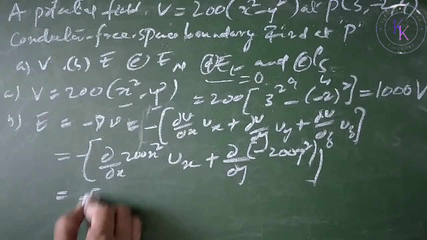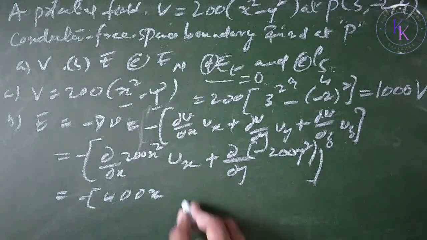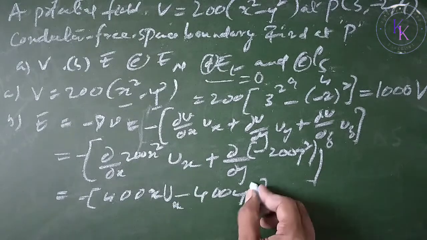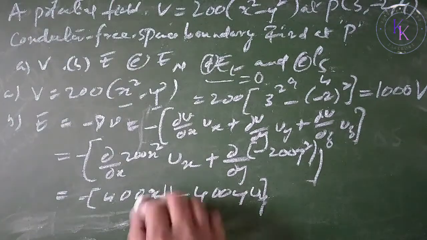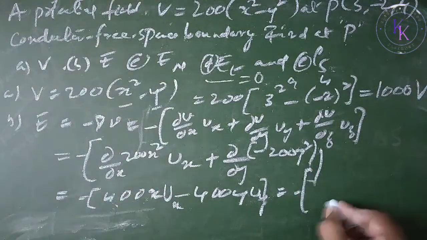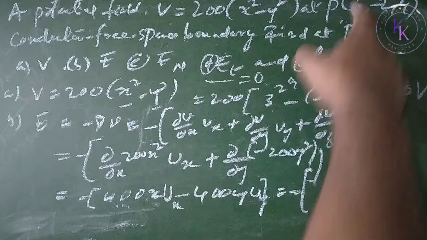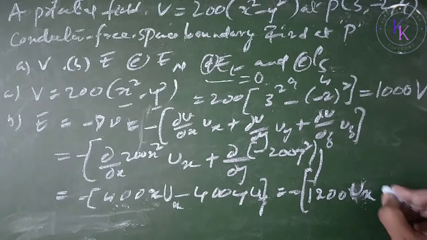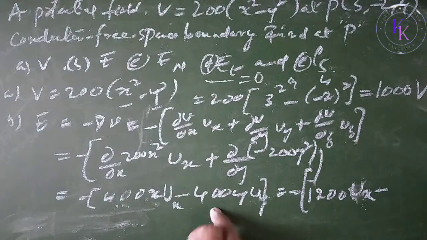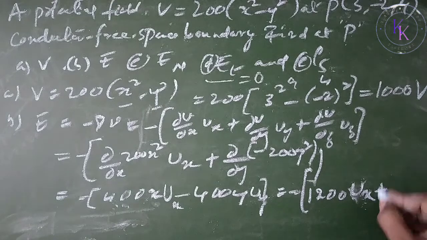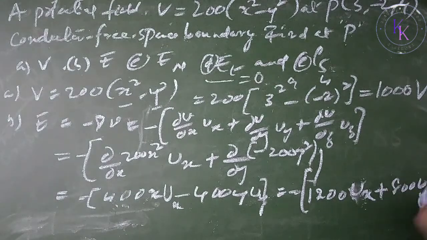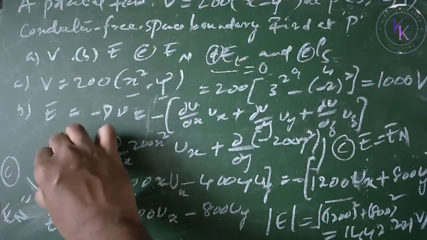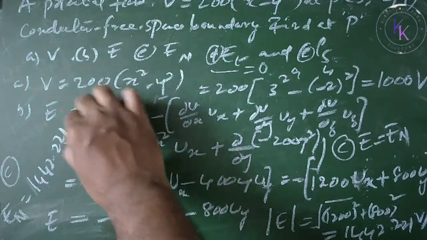Then minus 400 x Ux minus 400 y Uy. Substitute the values: 400 times x, which is 3, gives 1200 Ux, minus 400 into y, which is minus 2, that is minus of minus 800 Uy. E equals En, so En equals 1442.221 volts per meter.